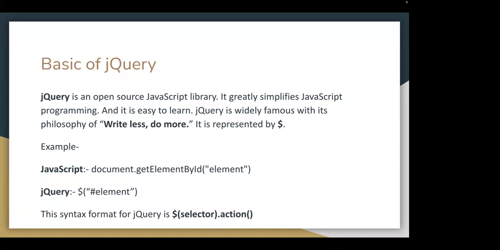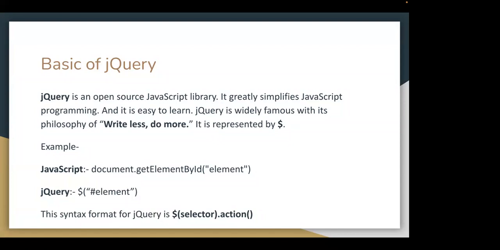jQuery is widely famous for its philosophy of write less, do more, and it is represented by the dollar sign. What jQuery is doing is making us write less code instead of long code. It is just simplifying.